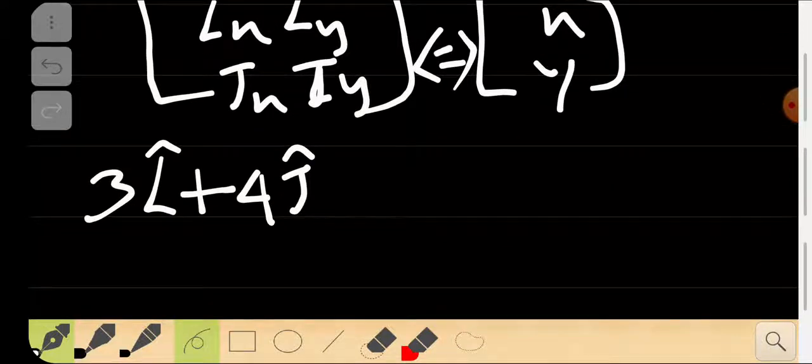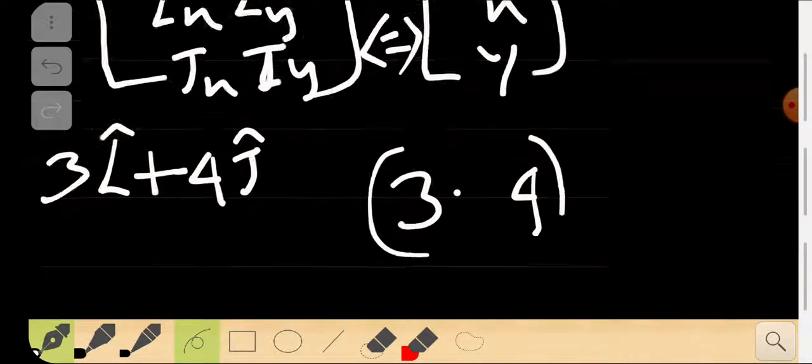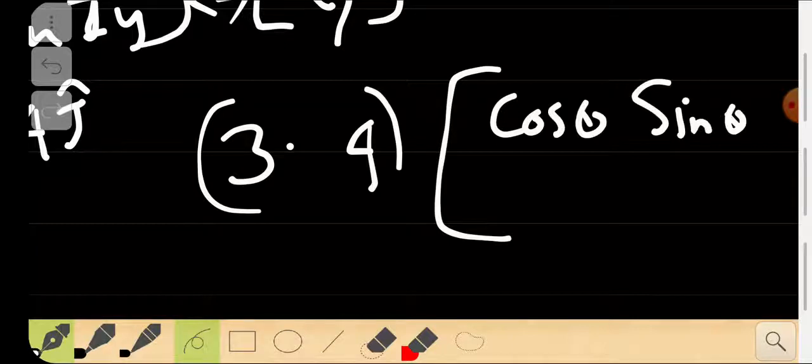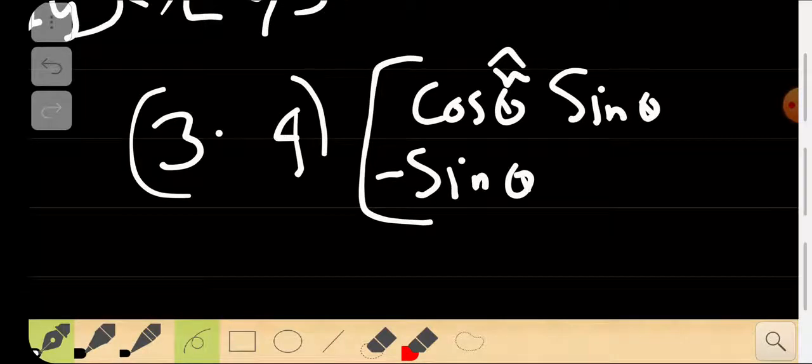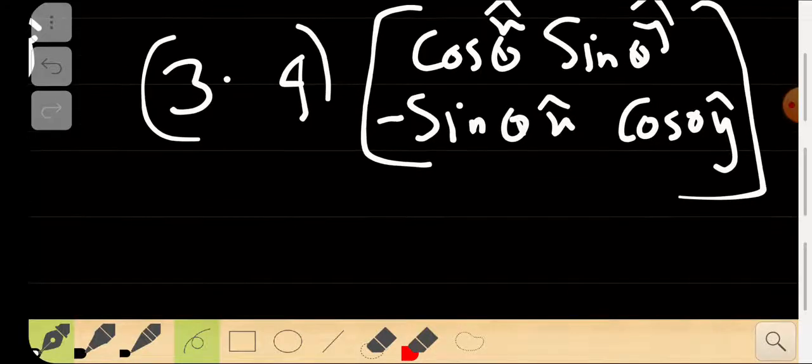Now if you need to transform that into x and y, all you have to do is multiply the components 3 and 4 with this matrix, which is cos theta, sin theta, and then minus sin theta and cos theta, with x cap and y cap. Sorry about that. So all you have to do is multiply with that.